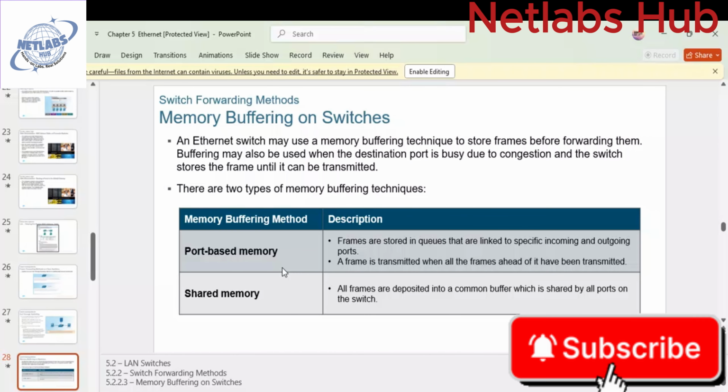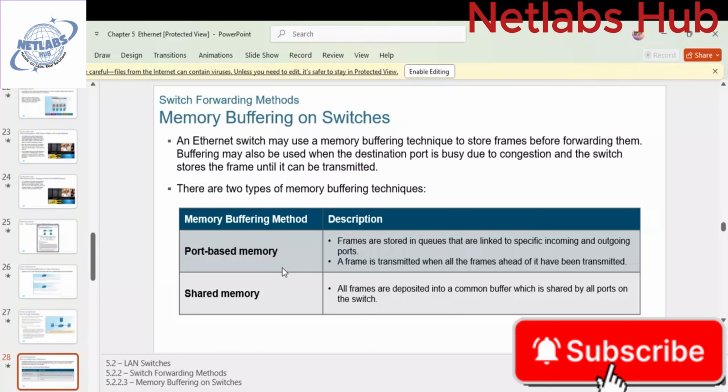Memory buffer. This is also a high-yield area that is examinable in CCNA. They can give you a question or a scenario to determine the type of memory buffering method used. So we've got two types here, but before we get to them, let's understand what a memory buffer is. It is a technique to store frames before forwarding them.